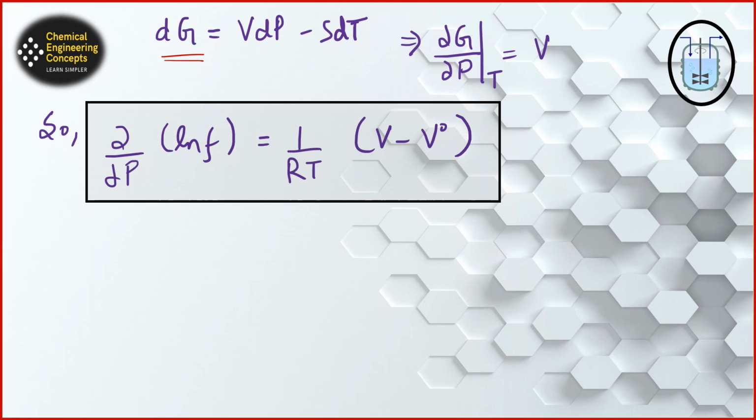So dG is simply, we know that it is VdP minus SdT, and if I take the dG by dP, del G by del P at constant temperature, it will come out to be V, right? So you can see that here we can directly put the values V and V naught in place of G and G naught, and this is the final equation that we have got.